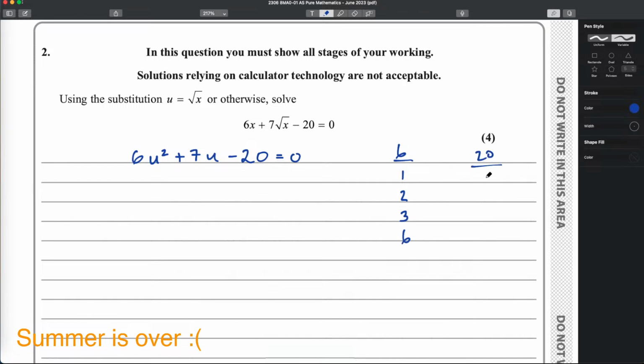Factors of 20: 1, 2, 4, 5, 10, 20. We need to make 7. How can we make 7?